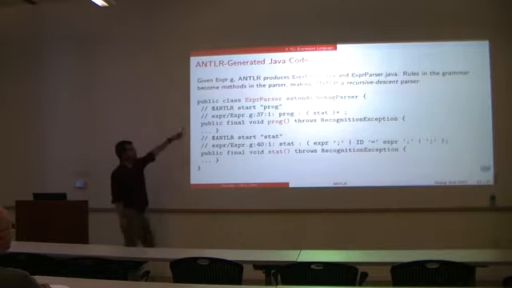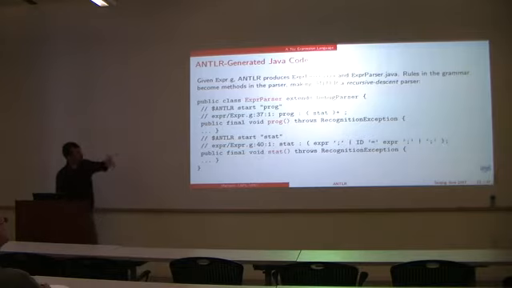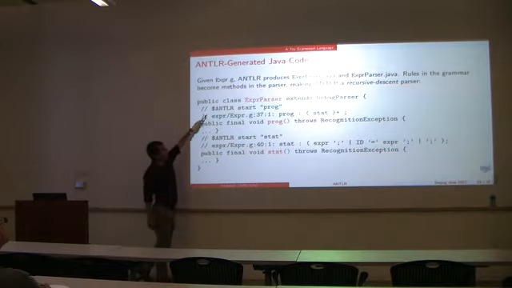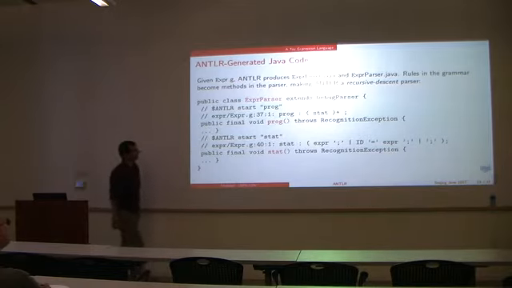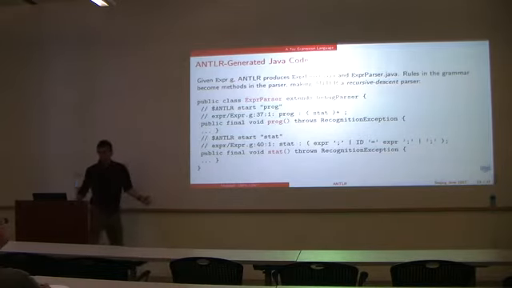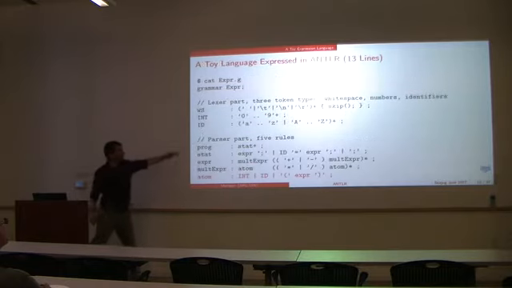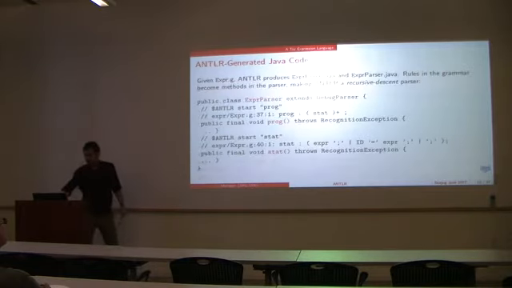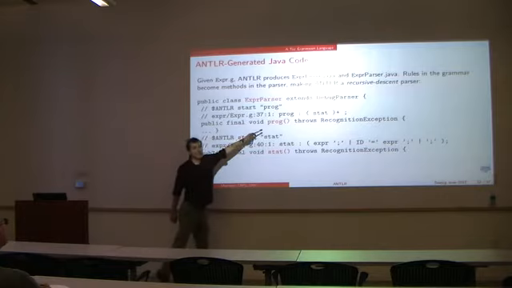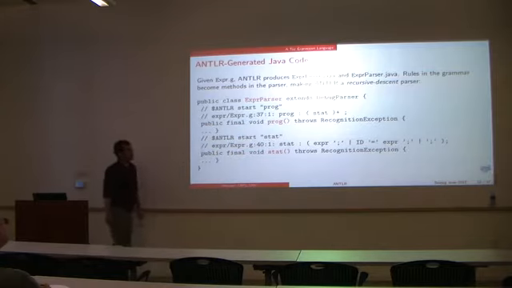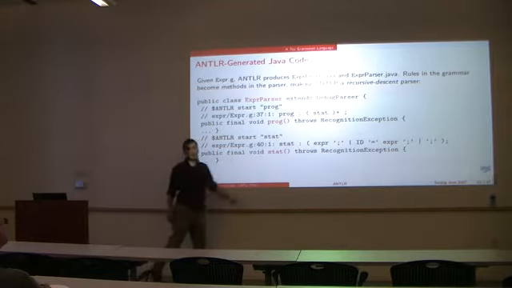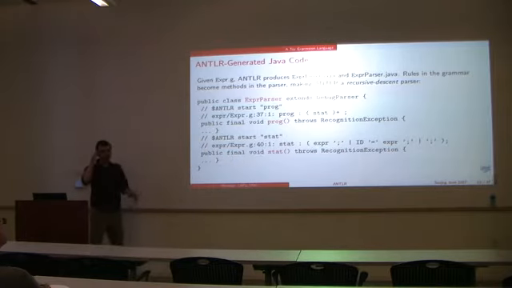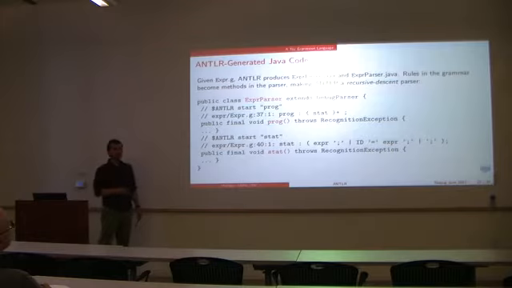It's just taken my grammar name and tacked on the parser keyword, and it extends from some Antlr thing, and he's put comments in where he saw stuff in the grammar file, and my prog rule name has become a member function name in the generated Java class, and so on for stack. My stack rule has become a member function.